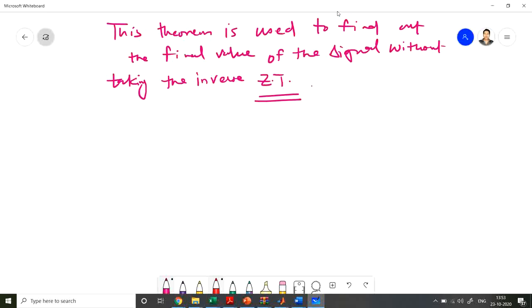So these are some properties of the Z transform. Now let us discuss a very important point.